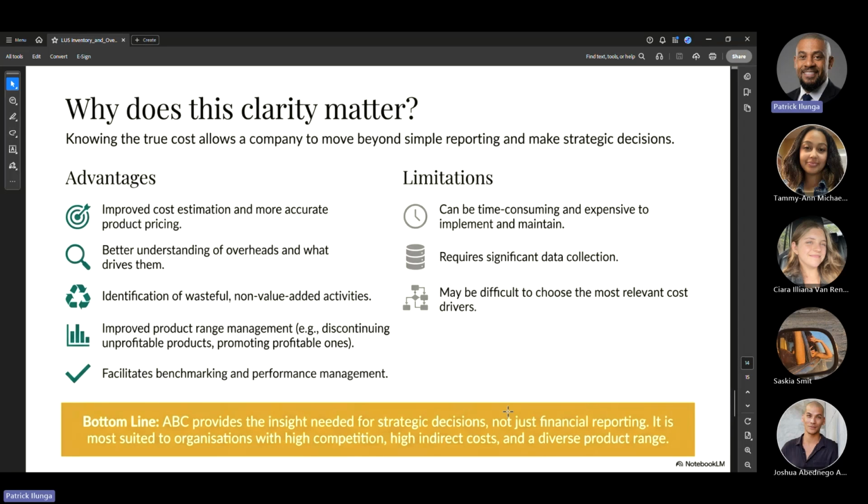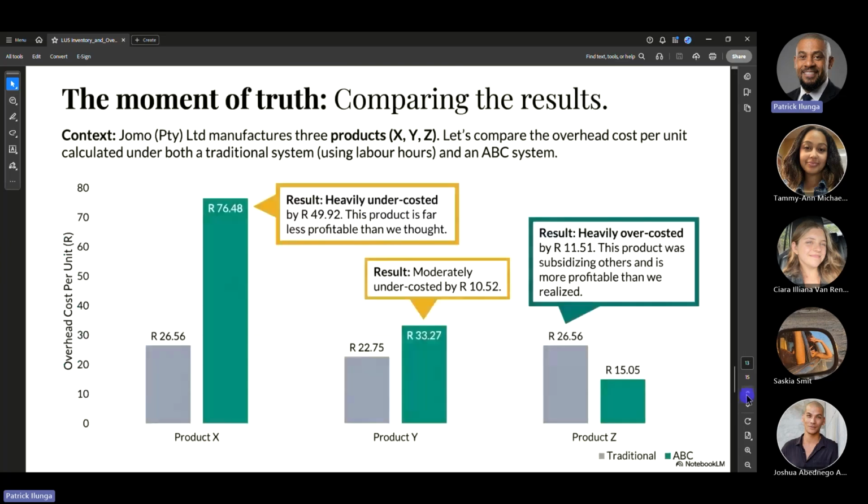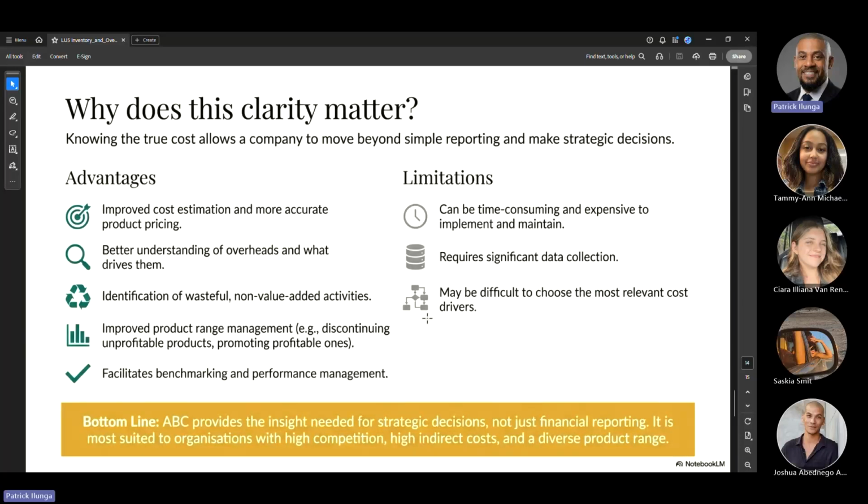Another thing is it identifies wasteful, non-value added activities. So that's good because you can get rid of some activities that are not needed. It improves the product range management because like we said here, if some product like this one is not profitable, you could get rid of it. Making sense?